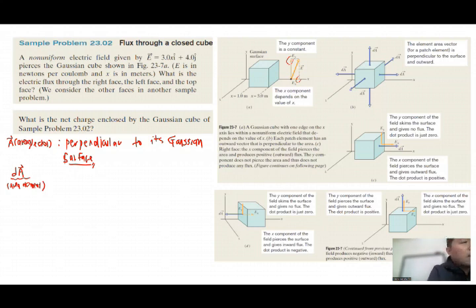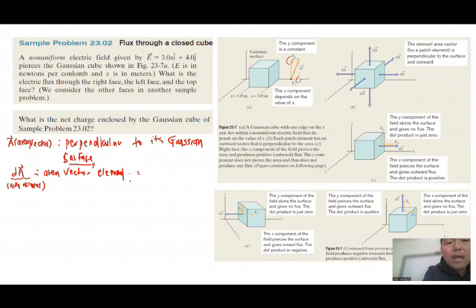That is the area vector element, and this dA vector could be defined by a unit vector. The question is we have to find the flux of the electric field on the right face, which is aligned with the x-axis.